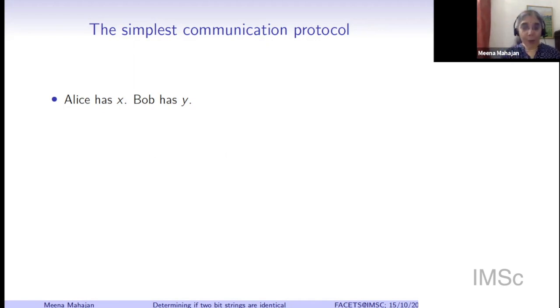Alice can take that into account in deciding whether the next bit should be 0 or 1. But what Alice sends cannot depend on all of Y, because she does not know the string Y. Y is sitting with Bob, and all that she knows about Y is the bits that Bob has sent her earlier in the protocol. So at each stage, the protocol has to specify what function Alice and Bob will apply to decide the next bit to send.